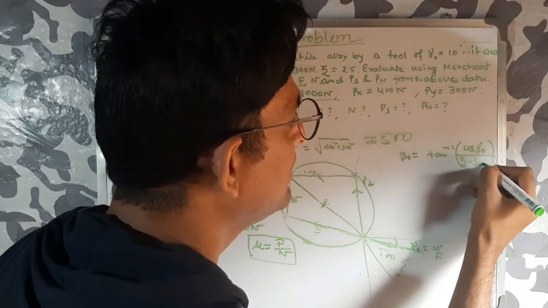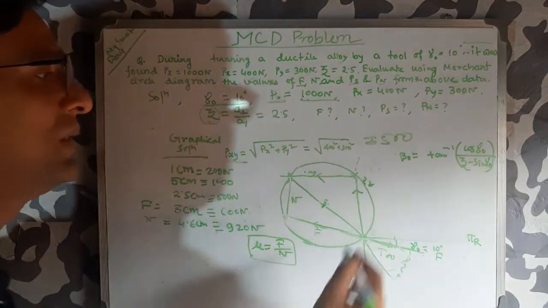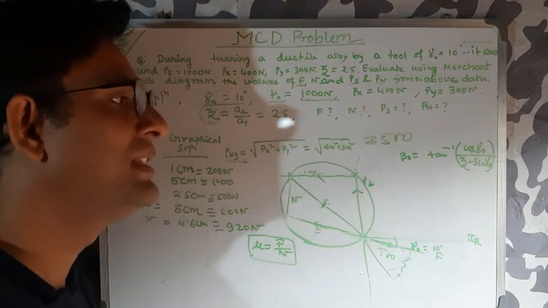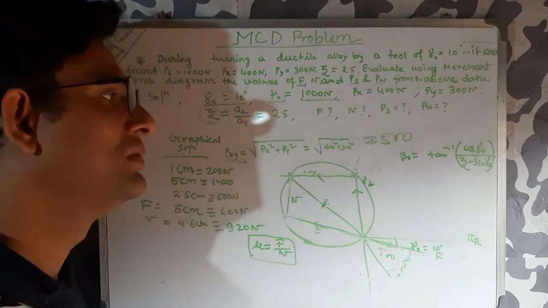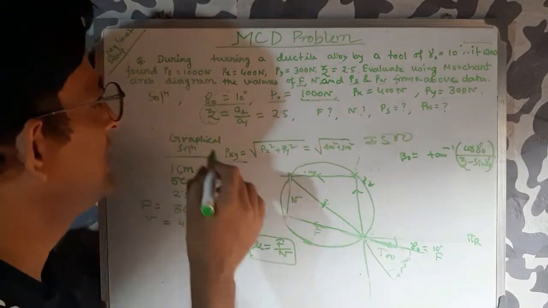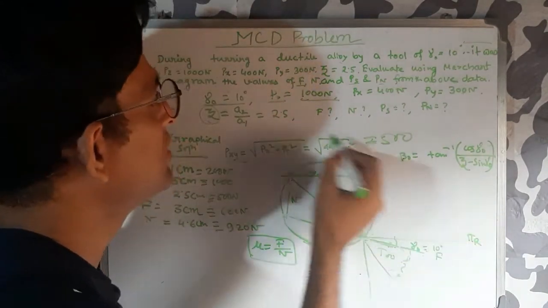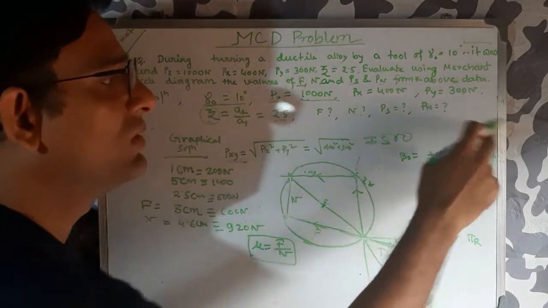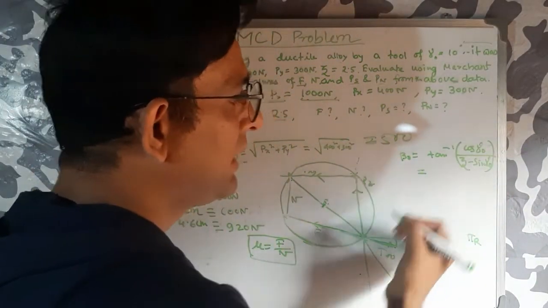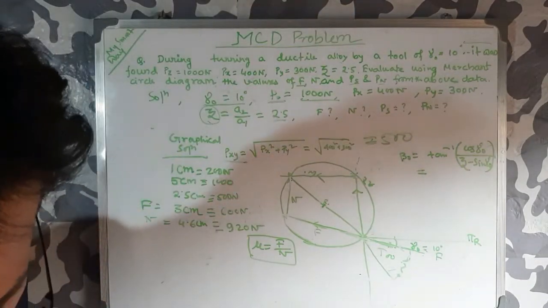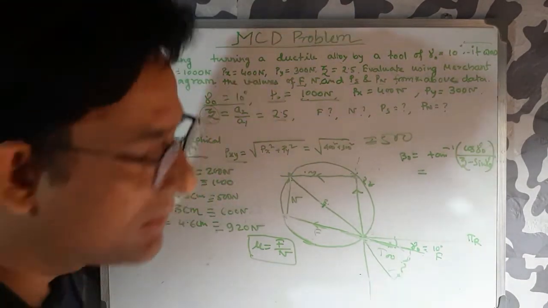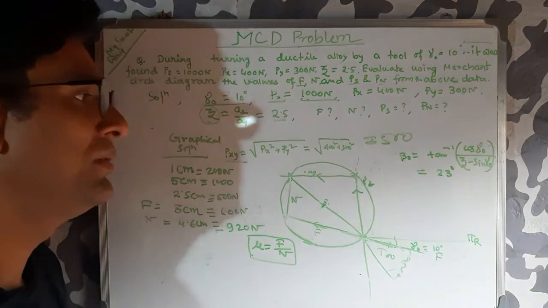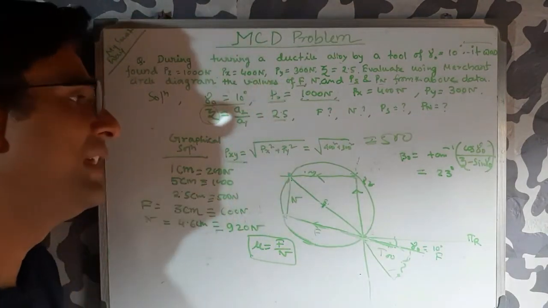See, this is the equation. Now zeta is equal to 2.5 and gamma 0 is equal to 10 degree. Put all the values and calculate with the help of a calculator, then you will get the value of beta 0, which is equal to 23 degree.